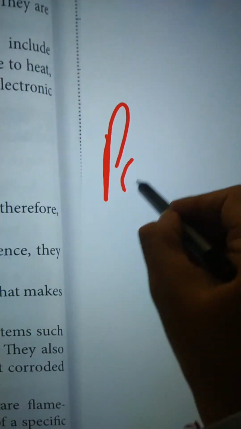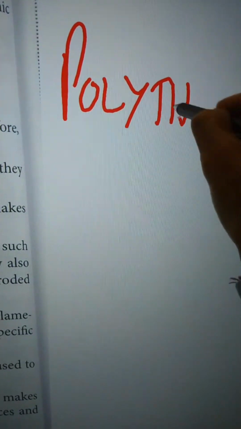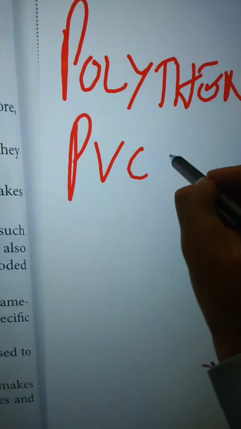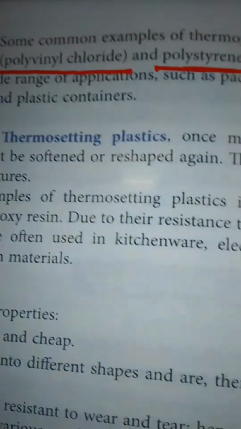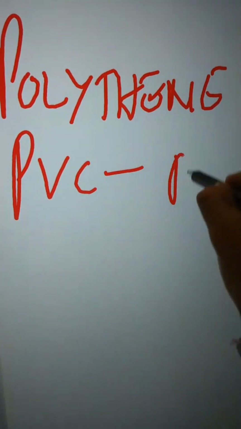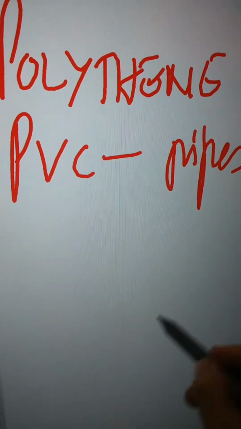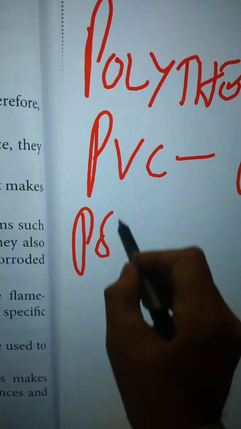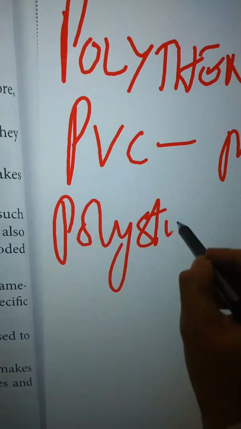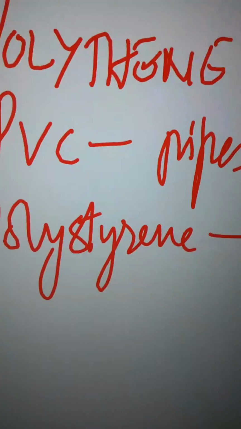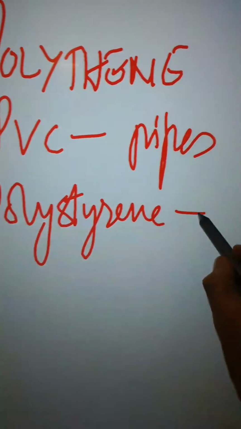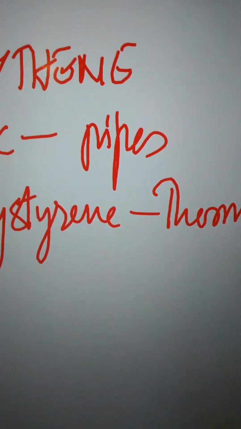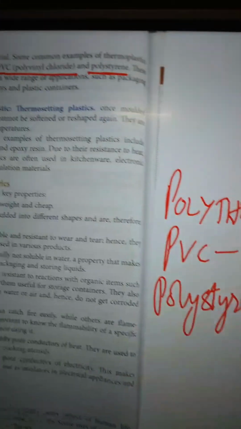So the first plastic is polythene, which all of you know. Next is PVC, polyvinyl chloride. This is used for making pipes, PVC chairs and all. Next is polystyrene, commonly used as thermocol. All of you know this thermocol.